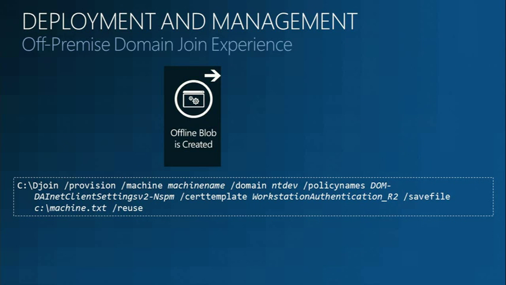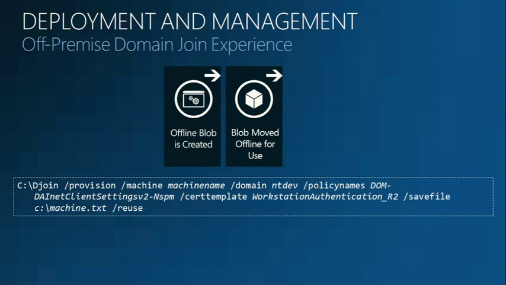Basically, this is a command that lets you issue a djoin with some parameters, and the parameters have to include the DirectAccess GPO. Once you call out that policy name, it's going to save that in a blob. In this case, it's a text file, and you're going to save it for reuse. Once that blob exists, you're going to distribute it to a remote user. That could be over email; presumably, they've got some sort of web-based access to email.